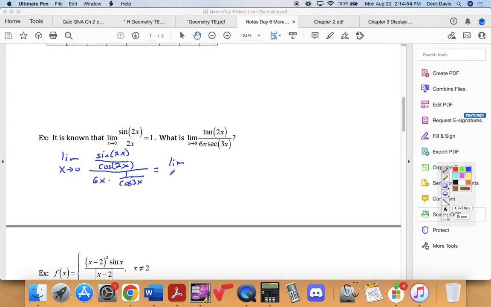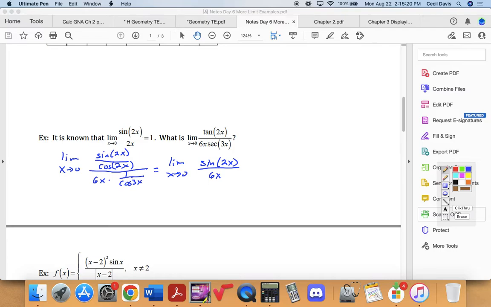So that's going to be the limit as x approaches 0 of sine of 2x, and in the denominator, as x goes to 0, what does cosine of 3x go to? 1. So that's 1 over 1 is 1, so this is 6x.